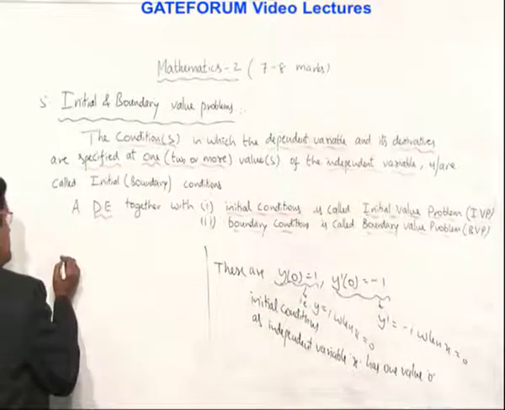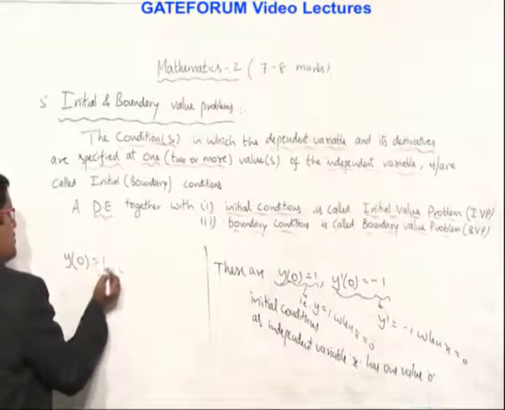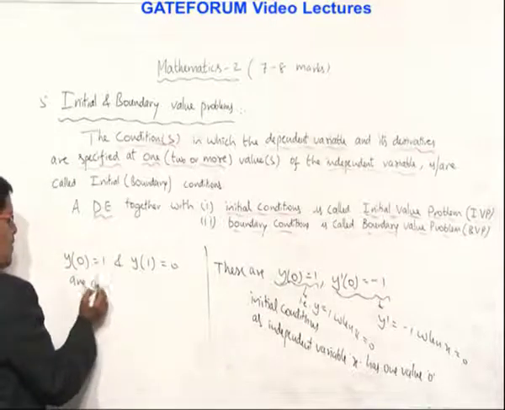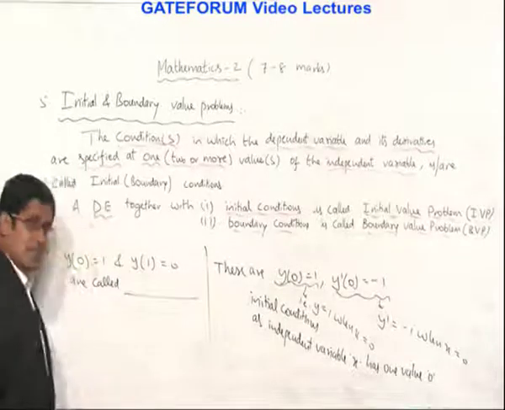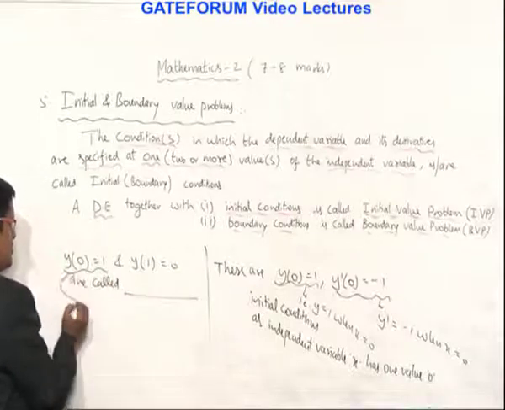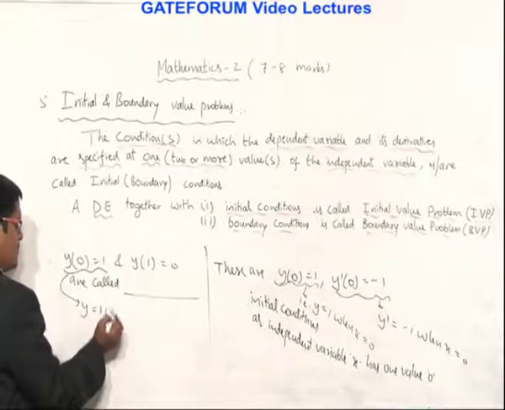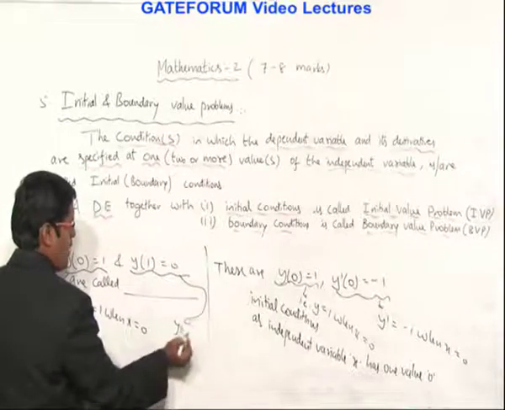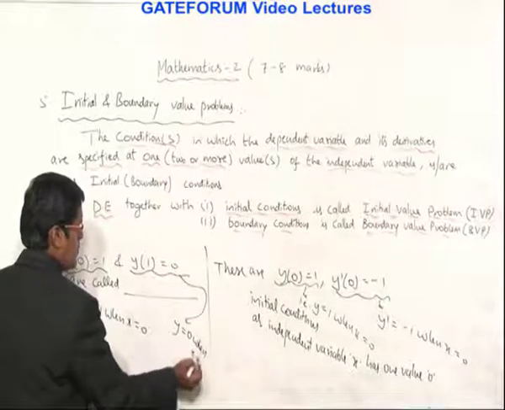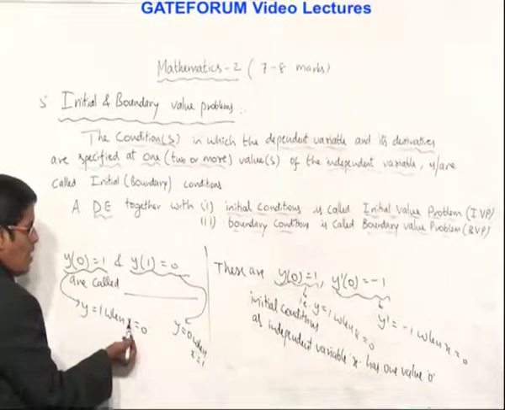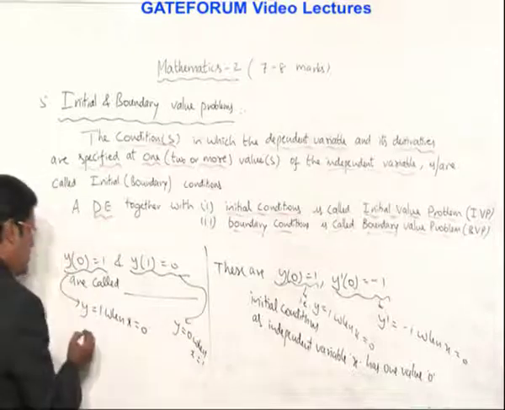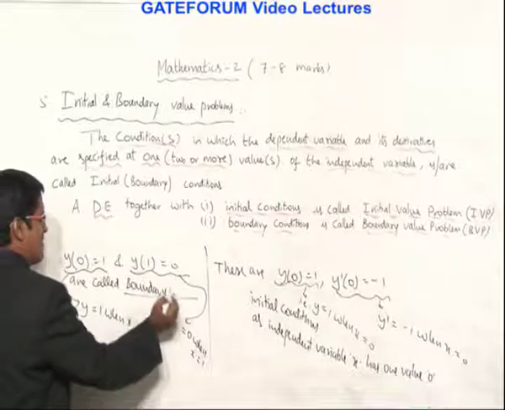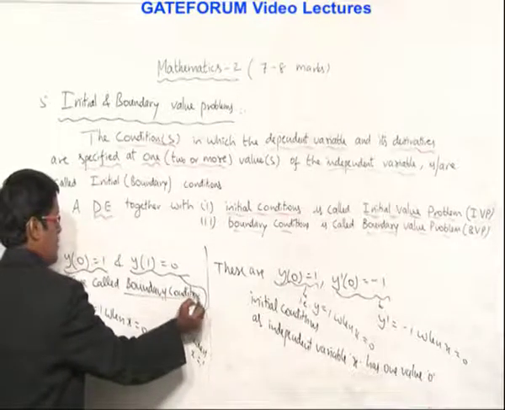Now similarly see, y of 0 is equal to 1 and y of 1 is equal to 0. What is the meaning of y of 0 is equal to 1? y value 1 when x is equal to 0. And what is the meaning of this condition? y value 0 when x equal to 1. So x is an independent variable having one value 0, other value 1. So these are called boundary conditions, a simple example of boundary conditions.